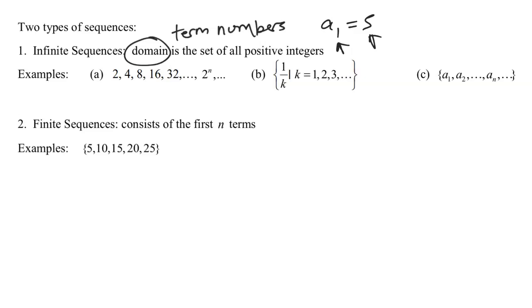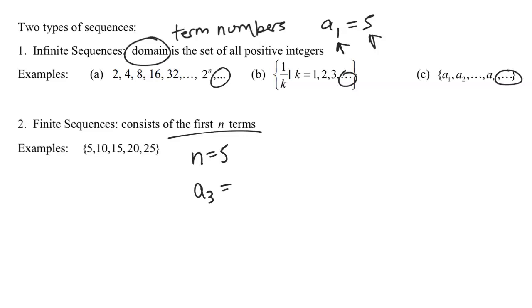And so you can see in these examples, the ... at the end is indicating that it is an infinite sequence, as opposed to a finite sequence, which consists of only the first certain number of terms, which we'll use n to represent, the letter n. And so in this example, 5, 10, 15, 20, 25, there are 5 terms in that sequence, so it is a finite sequence with n is equal to 5, and I could pull out what some of these terms are.